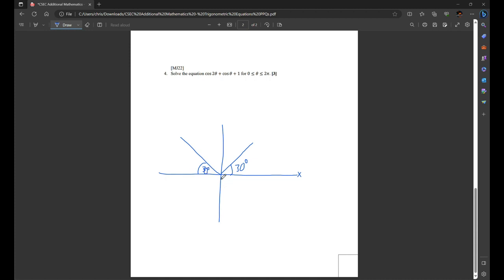So if I wanted this angle, again I'm going to think, okay, if I was to go fully from the first to the second, that would be 180 degrees. But I'm not going fully there. I'm stopping 30 degrees short. So if I'm stopping 30 degrees short, that means I have to subtract 30 degrees from 180 degrees, which leaves me with 150 degrees.